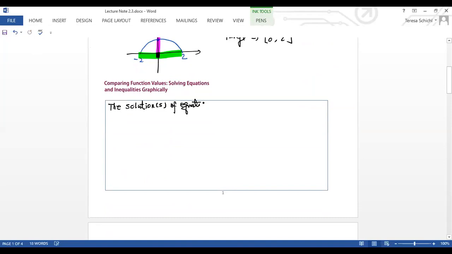The solution of the equation f of x equals g of x are the values where g of x and f of x intersect, right?